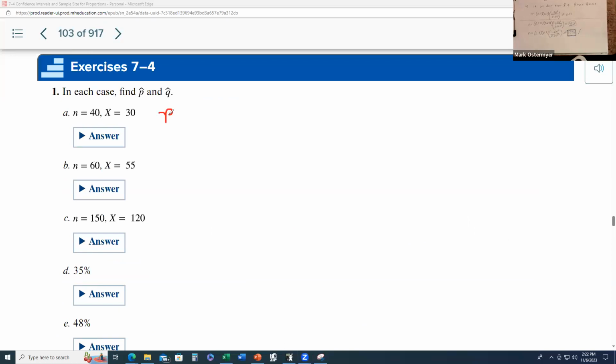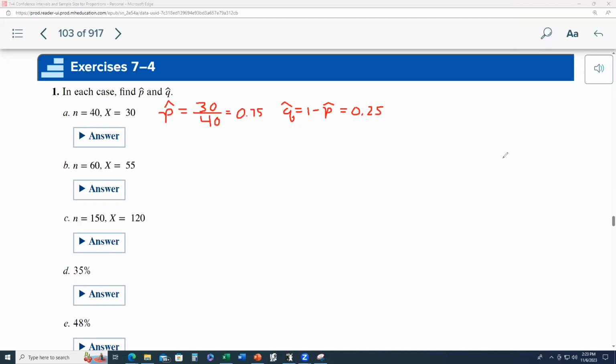P hat is going to be 30 divided by your sample size of 40, X over N, which is going to be 0.75 as a decimal, or 3/4 as a fraction. And then Q hat is always 1 minus P hat. So that gives us 0.25, or 1/4. That was classwork number one. Okay, thank you. That's all there is to it.